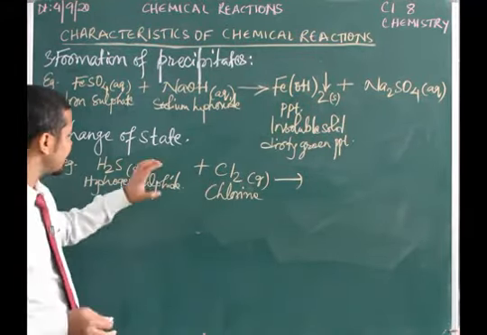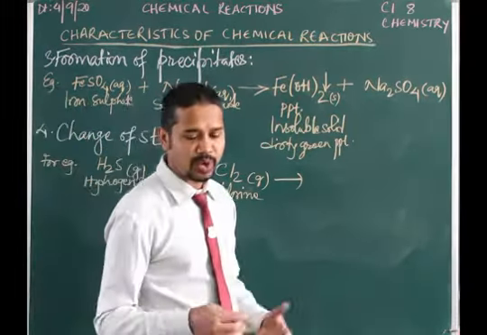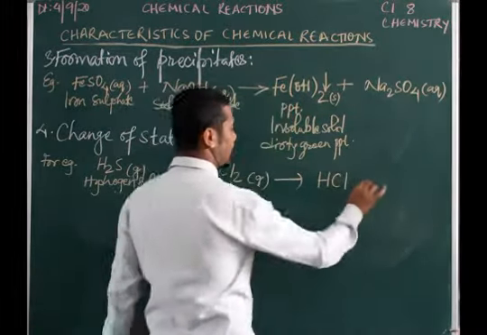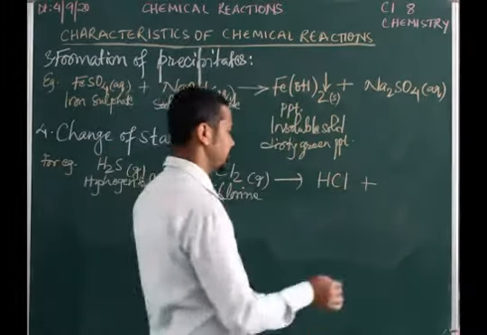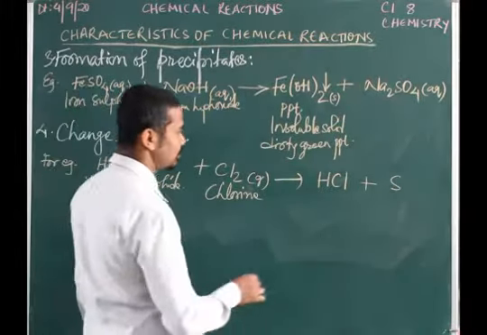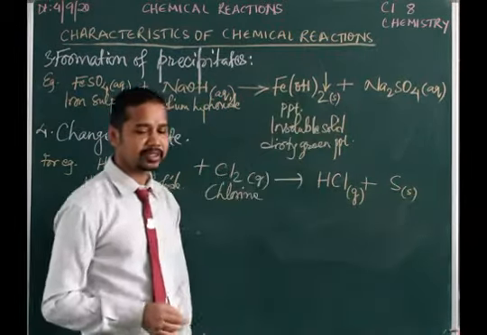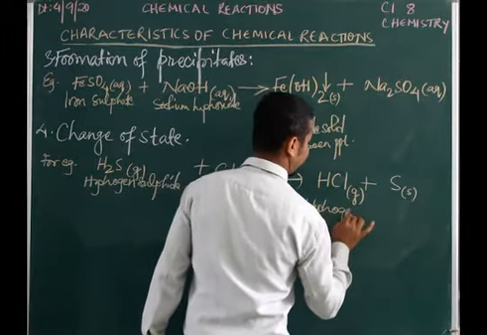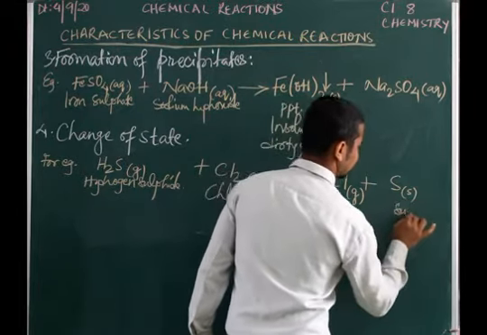When I pass chlorine gas over hydrogen sulfide gas, the reaction that takes place forms hydrogen chloride and sulfur. This hydrogen chloride is a gas and sulfur is a solid. So this is hydrogen chloride, and this is sulfur.